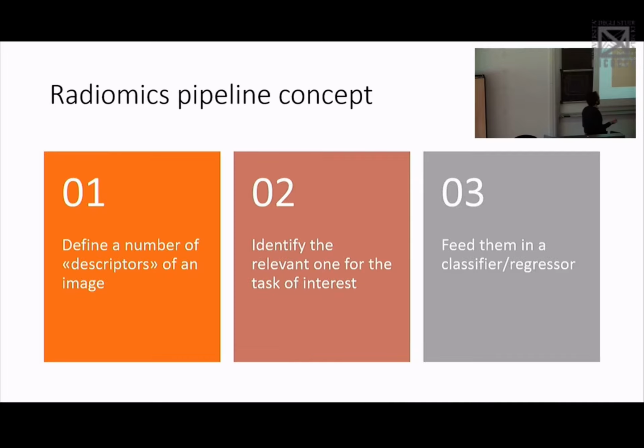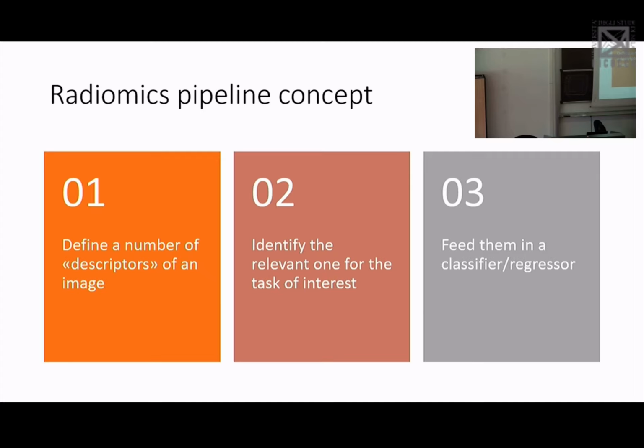The concept of radiomics is this kind of pipeline. So you first need to define a number of descriptors of an image, which, as you guess, is pretty complex. Then you need to identify the relevant ones amongst all the possible descriptors.